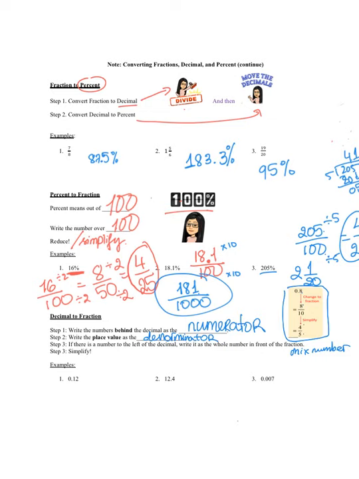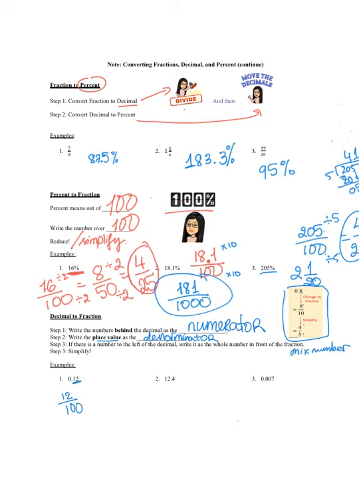So let's take a look at number 1, 0.12. Write the number behind the decimal as the numerator over the place value. So the place value, this is not the 10ths, it's the 100ths. Very good. So 12 out of 100.